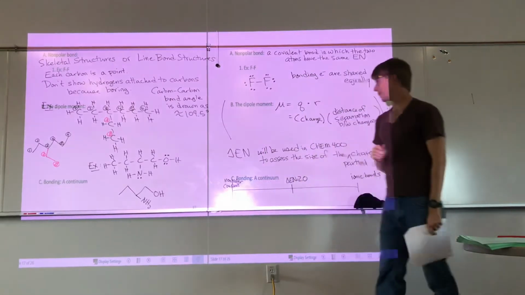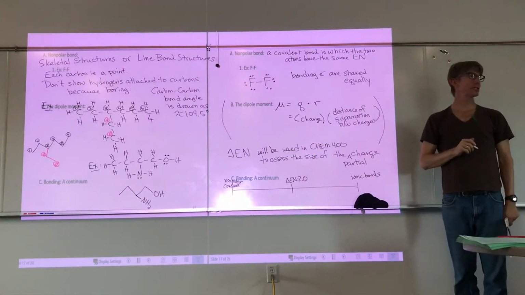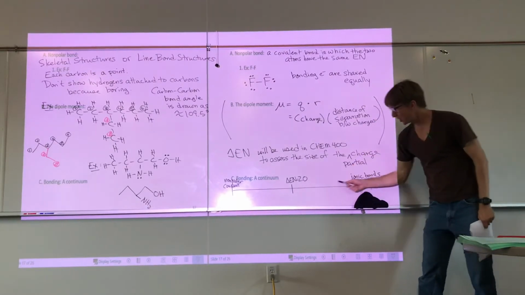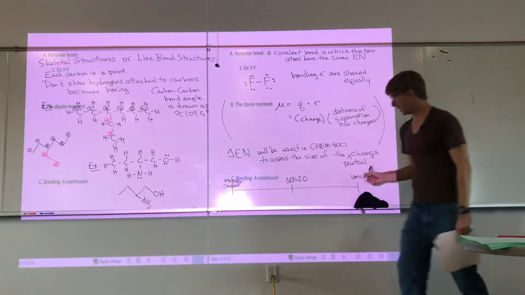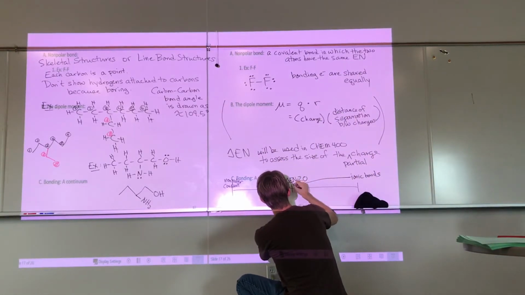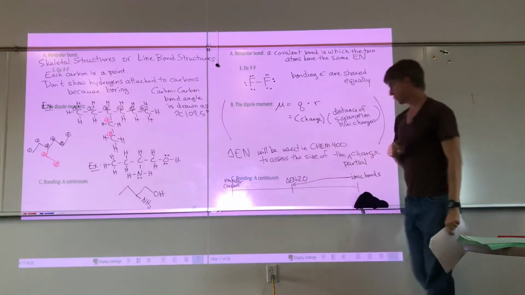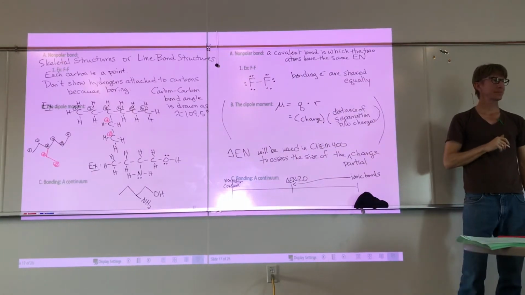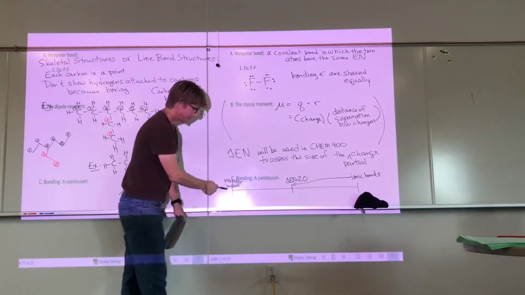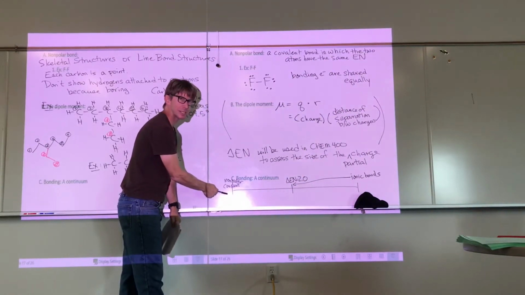when the difference in electronegativity is 2.0 and over, these are all ionic bonds. All the way over to 2.0. A difference in electronegativity of 0, that's nonpolar covalent.